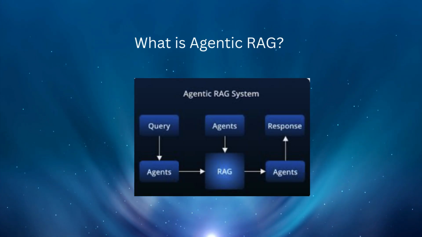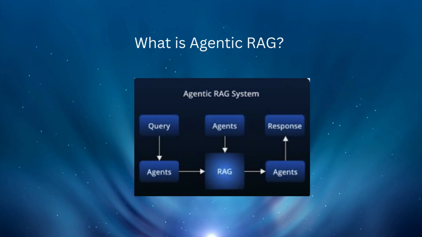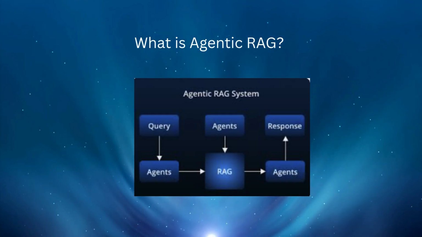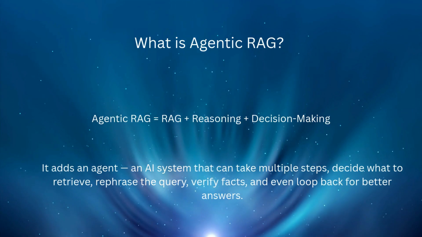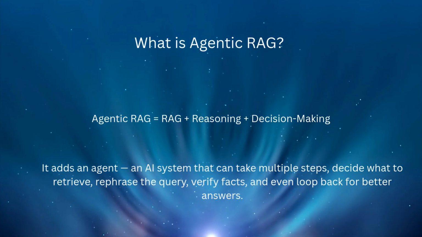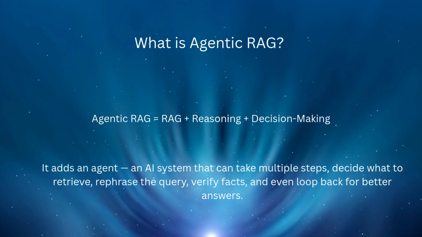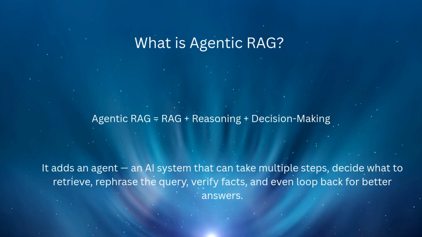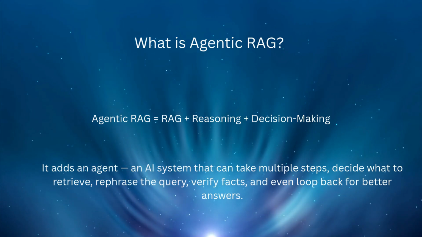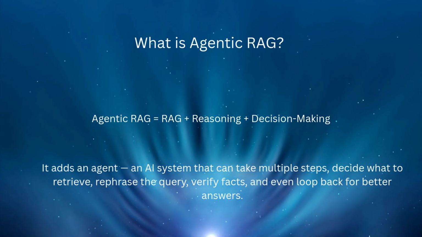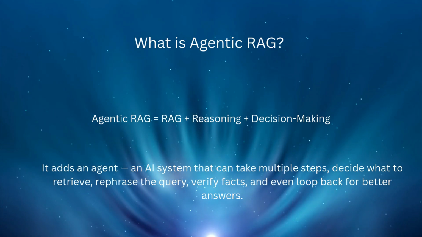How does it do that? It uses an agent. An agent is nothing but something that does multiple steps. It decides what to retrieve, rephrases your query, verifies the facts, and even looks back for better answers. So this is the key difference between RAG and agentic RAG.